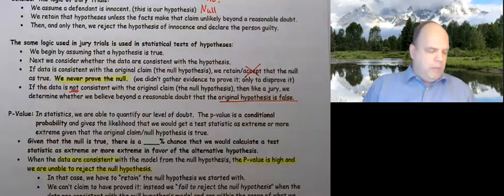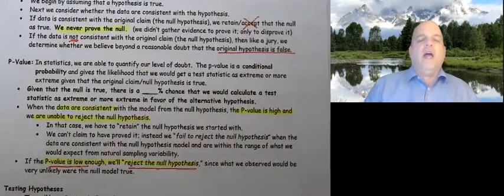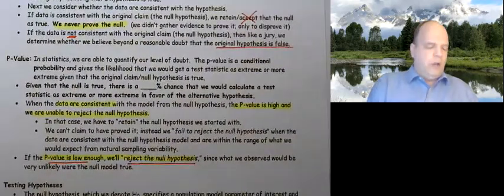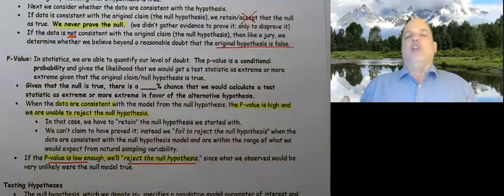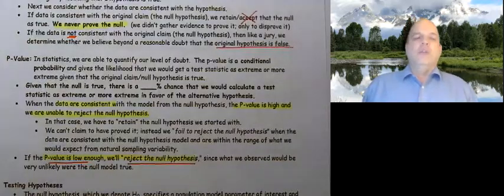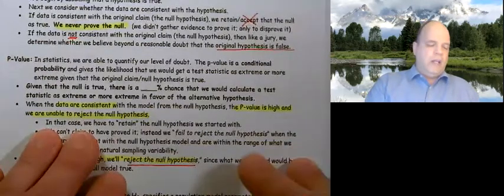The smaller the p-value, the more likely we are to reject. So if we have a very small p-value, if we have a low p-value, we're going to reject the null hypothesis. If we have a large p-value, then we will fail to reject. We didn't prove the hypothesis, we just failed to reject it. All right?